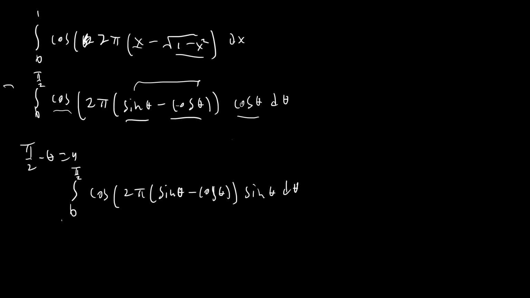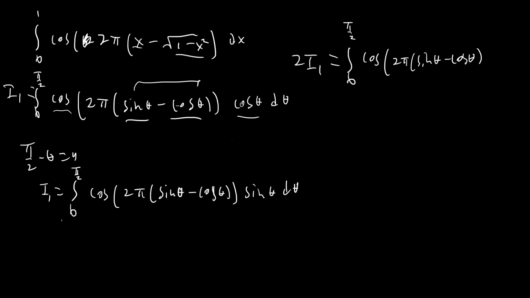Now, of course, both of these are equal to I1, right? And if we add these two integrals together, we're going to get that 2I1 is equal to the integral from 0 to pi over 2 of cosine 2 pi times sine theta minus cosine theta, all times sine theta plus cosine theta.